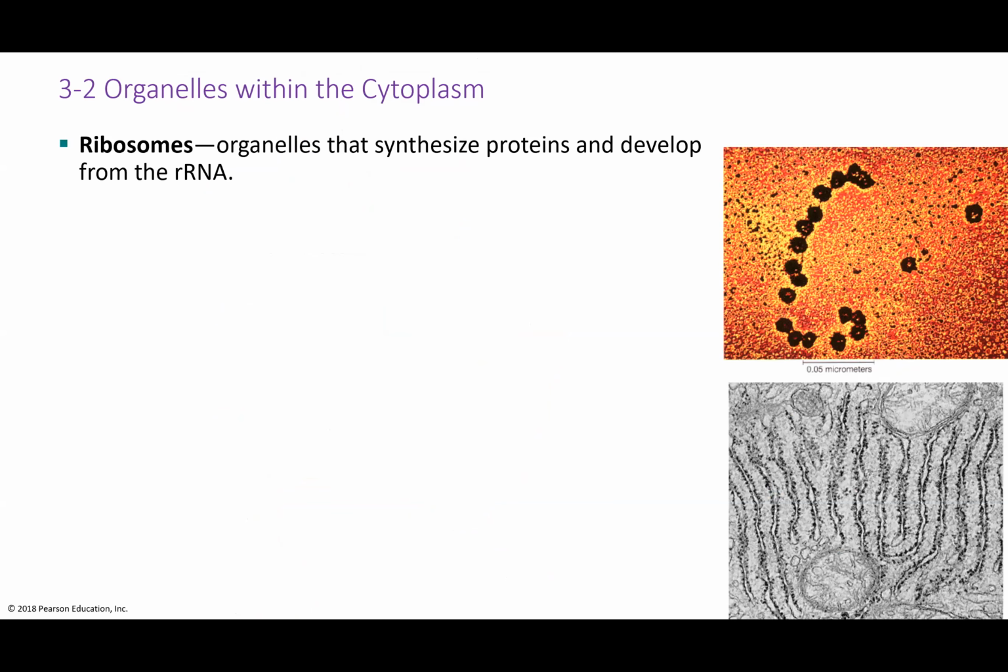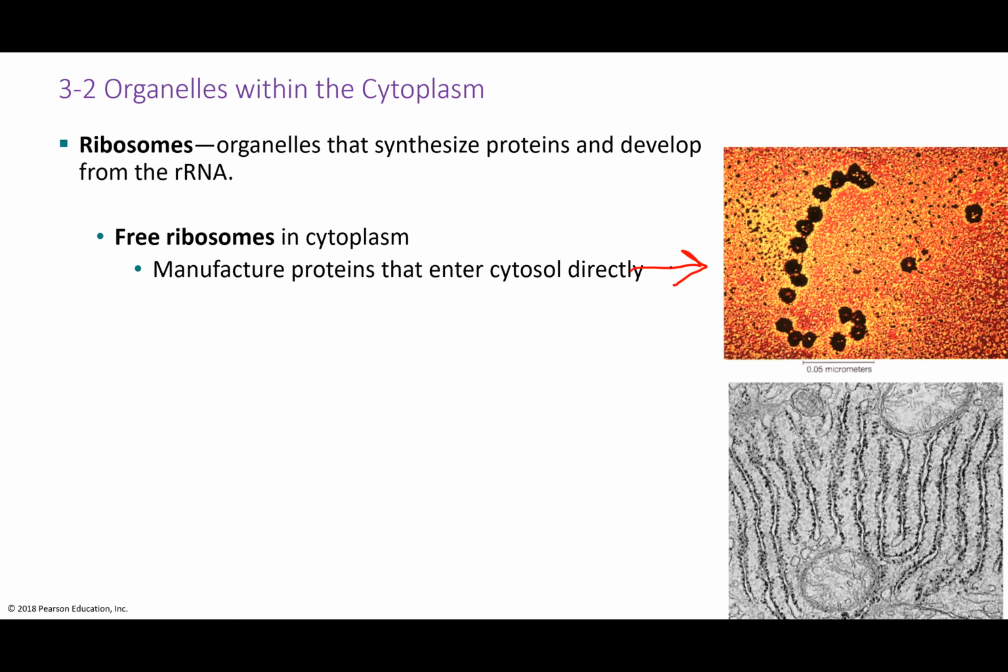Ribosomes specifically synthesize proteins, and they develop from that rRNA. You can have free ribosomes, which are just floating in the cytoplasm, which is what you see in this picture. Those big black dots are ribosomes, and they are able to manufacture proteins in the cytosol directly.